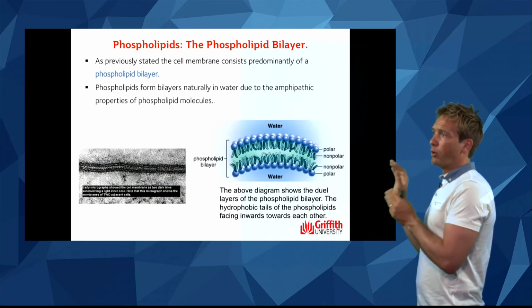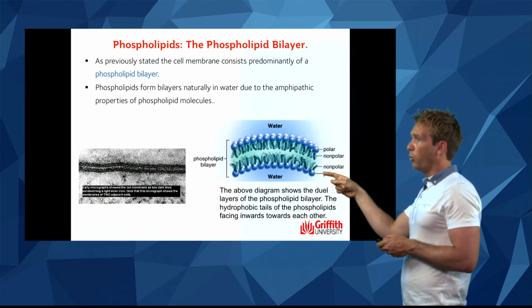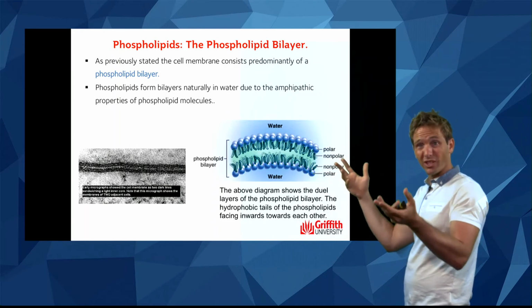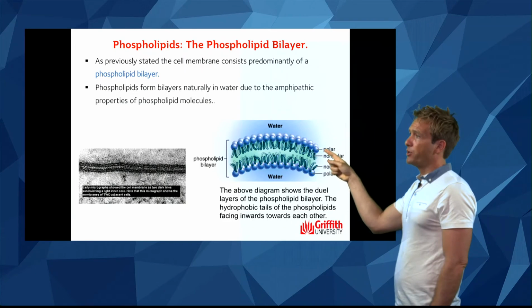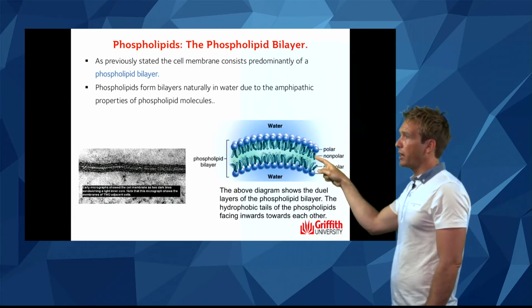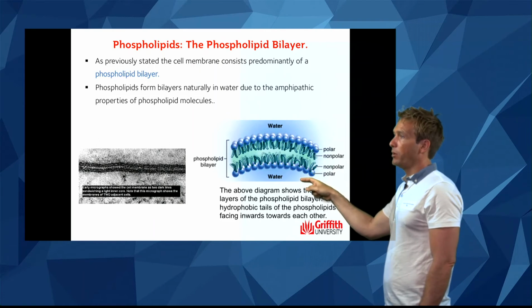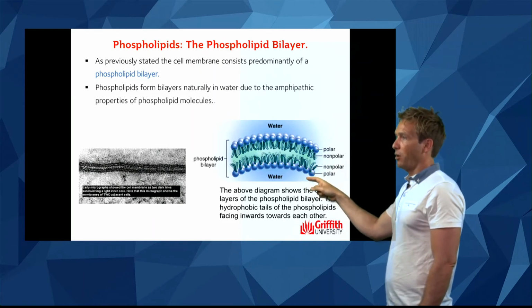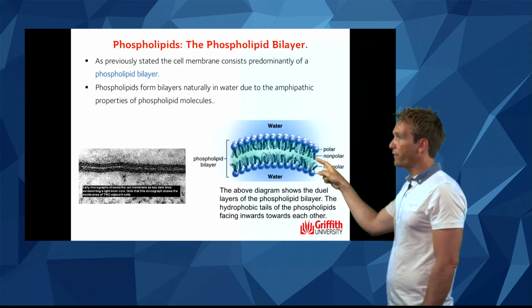Okay, so we know what the particle looks like. Now we're just going to have a quick relook at what the structure is that responds to that particle. So you can see this is that hydrophilic head and the hydrophobic tails, and you can see that because those tails are hydrophobic, they face away from the water on the outside, and because there's also quite a bit of water in the cytoplasm, they face away from the water on the inside, with the consequence that the two hydrophobic sets of tails face each other.